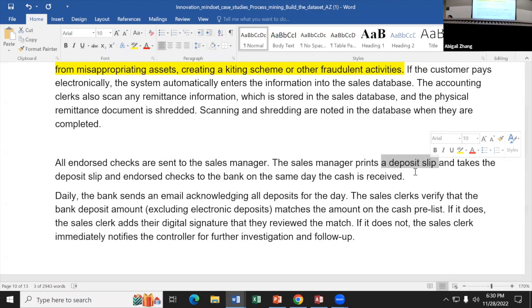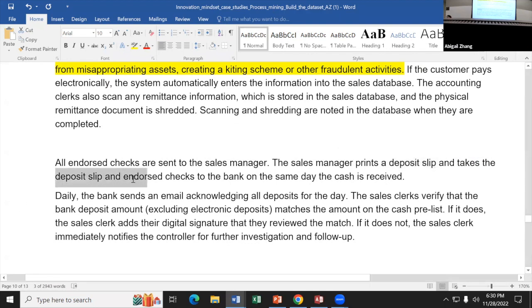They take this deposit slip and put it in the bank. On a daily basis, the bank will send the firm an email acknowledging the amount they have received. A sales clerk will verify that the bank deposit amount matches the amount on the cash pre-list or the deposit slip.